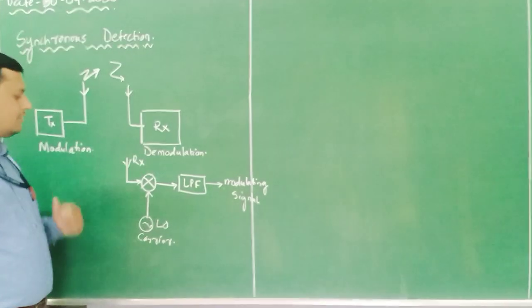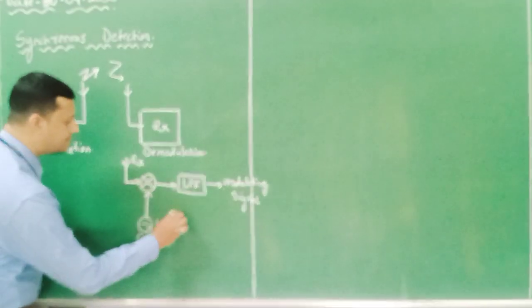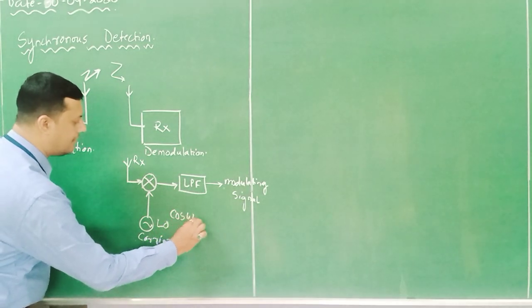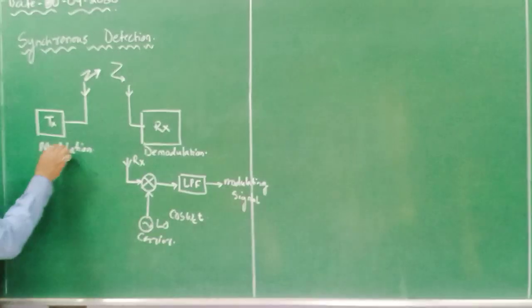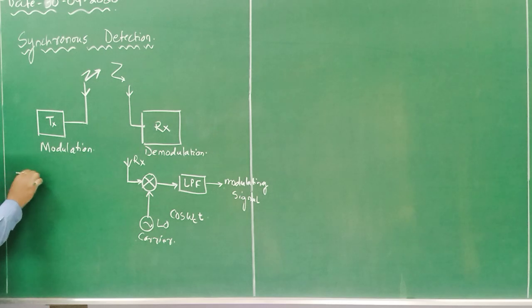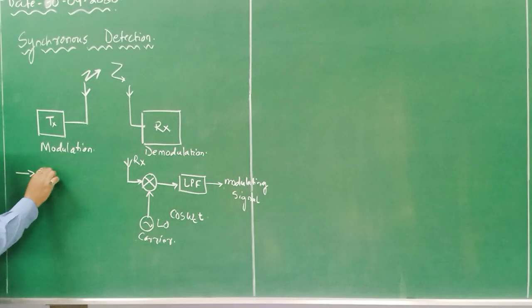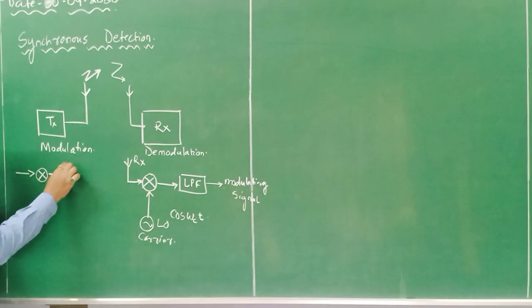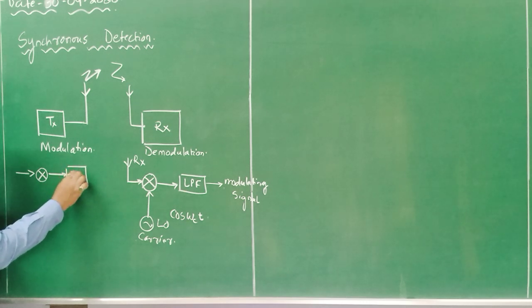Here we are using cos omega ct, and at the transmitter end we are using a mixer followed by a band pass filter.